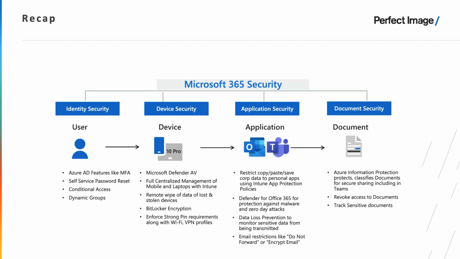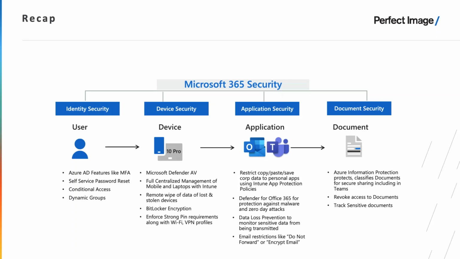The apps that are used to access the work data can be managed by using those app protection policies to block the work documents being saved onto personal devices or personal storage accounts. Additionally, Defender for Office 365 capabilities help defend against phishing attacks and other cyber threats by checking the links and the attachments in real time.